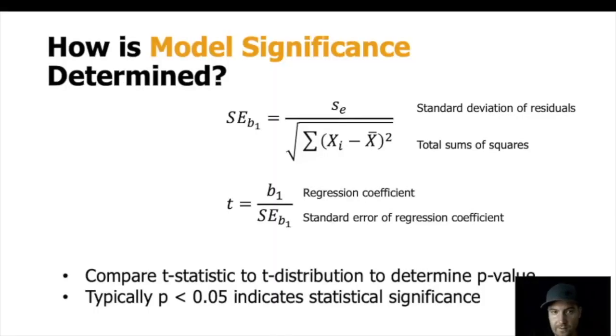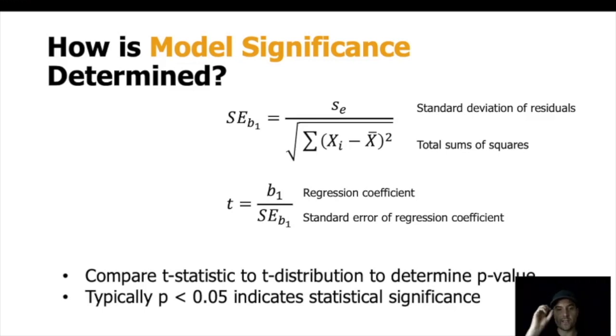Speaking of significance, how do we know that something is significant? What we're actually going to be using is, of course, the residuals. We're going to use the standard deviation over the residuals divided by the total sums of squares of x. That's going to give us the standard error of our slope.